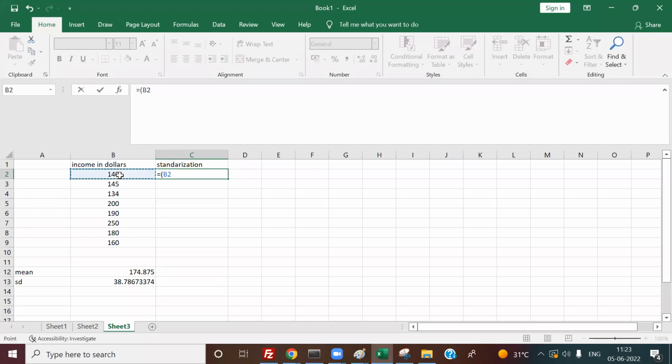So same thing, I will say equal to 140 minus, B2 minus B12. But here on B12 we put a dollar sign, otherwise the values will keep on shifting. Divided by the standard deviation, $B$40.